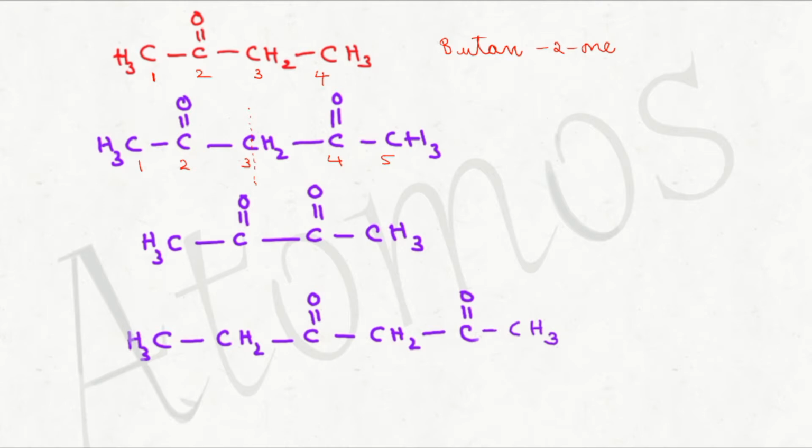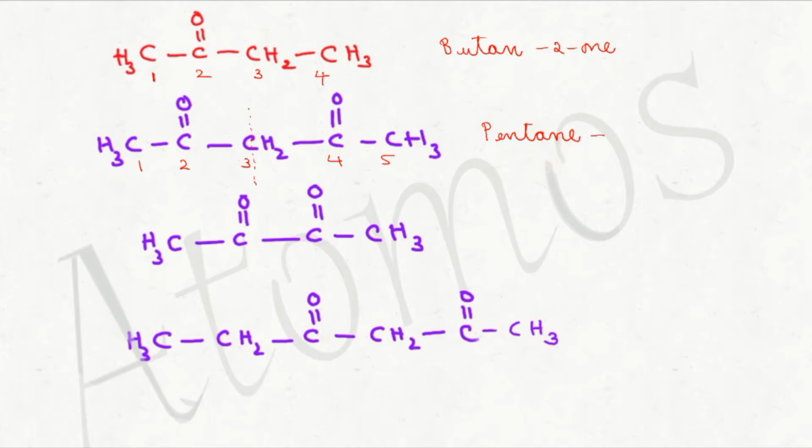Now tell me, which is the root word? 5 carbon atoms are present, so the root word will be pent. But remember, whenever two functional groups are coming, and they are the same functional groups, we write not pentan, but the complete name pentane.